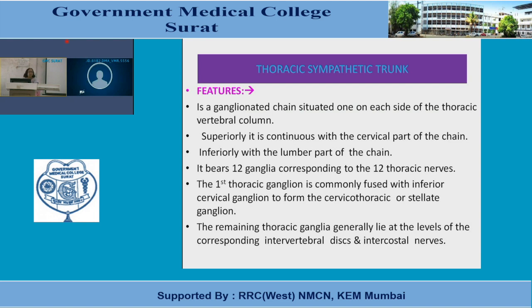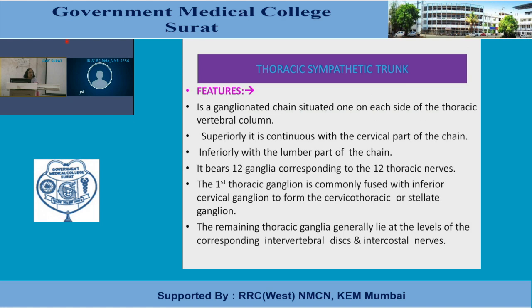The sympathetic chain is divided region-wise from above downwards: the uppermost, along with the cervical vertebrae, is the cervical part of the sympathetic chain; along with the 12 thoracic vertebrae, the thoracic part; and along with the lumbar vertebrae, the lumbar part of the sympathetic chain.